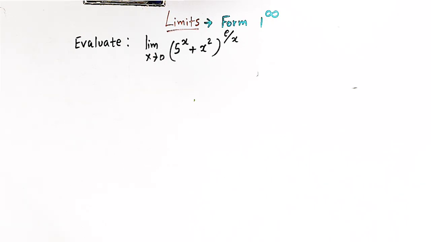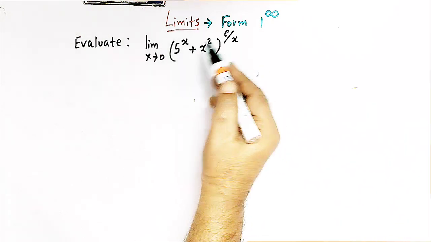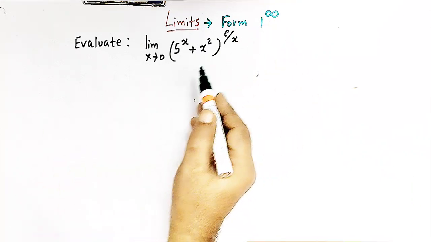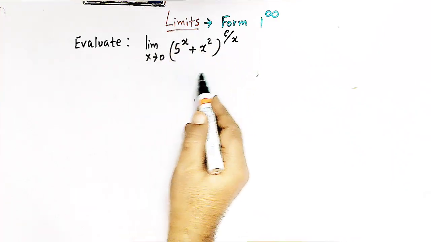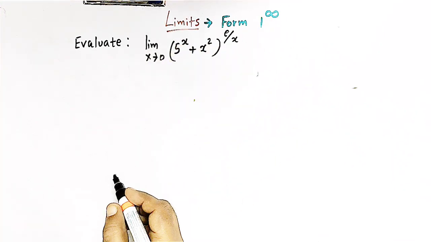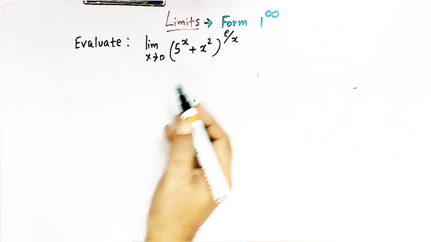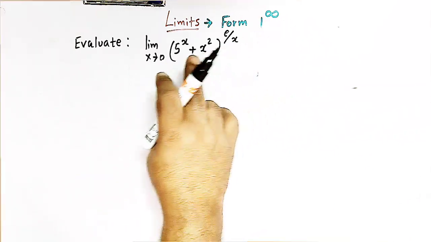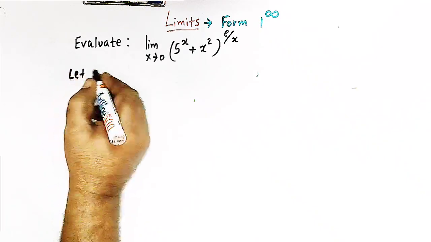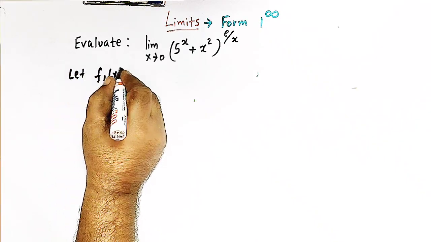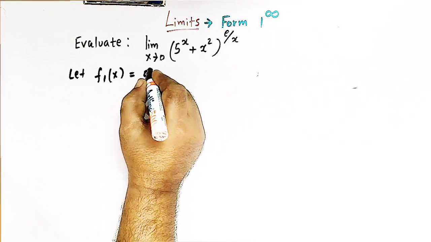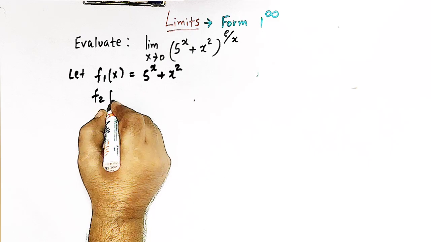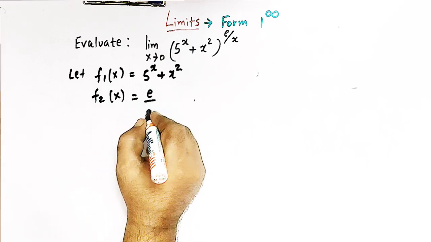So in this session, we are going to discuss limits of the form 1 raised to infinity. Let us first establish that this given limit is of this form. For that, let us assume the function f1(x) is equal to 5 raised to x plus x square, and f2(x) is e over x.